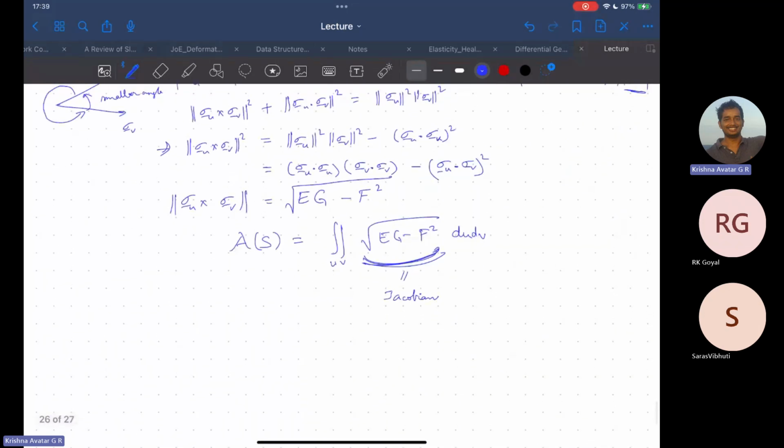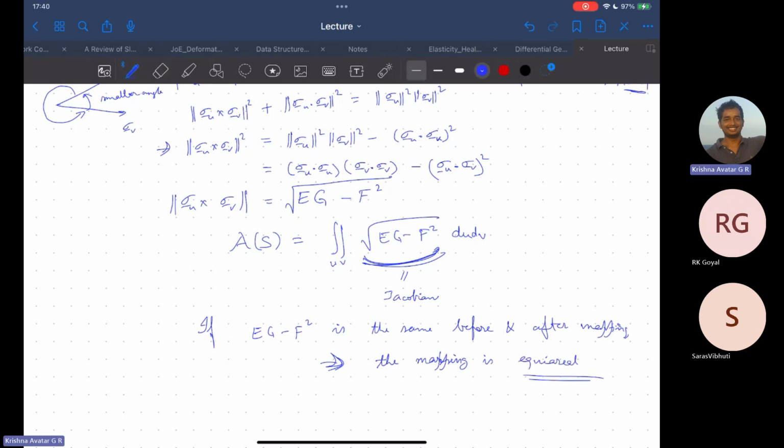Ultimately we can always link it with the first fundamental form. If EG minus F squared is the same before and after mapping, then it implies the mapping is equiareal, like it always results in equal area.